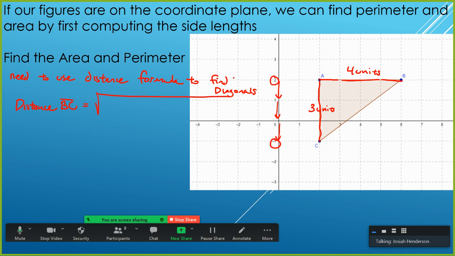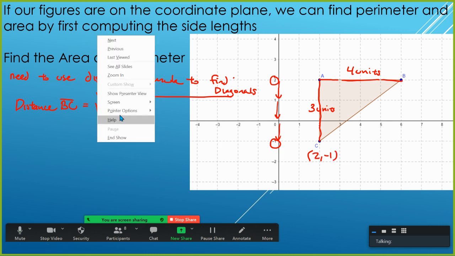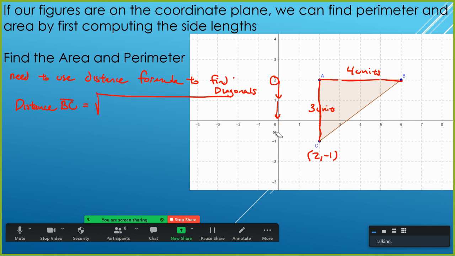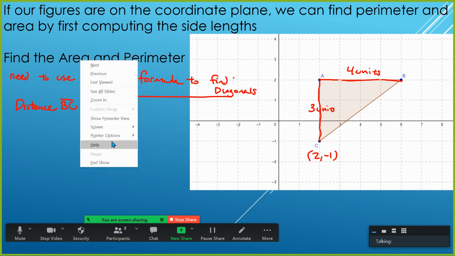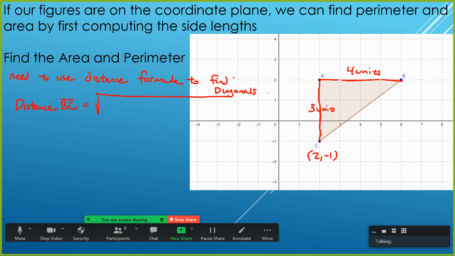Okay, so here's our formula. It's the square root. What are the coordinates of B and C? C is at 2, -1, and B is at 6, 2. So those are our x's and y's, and we're going to use them in our formula.